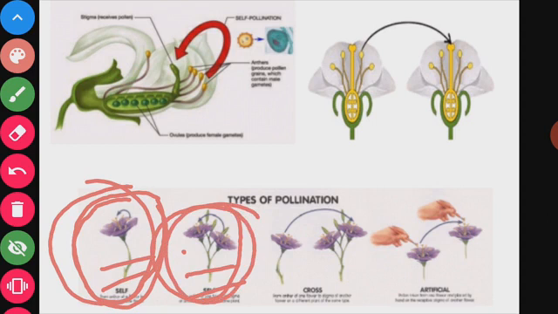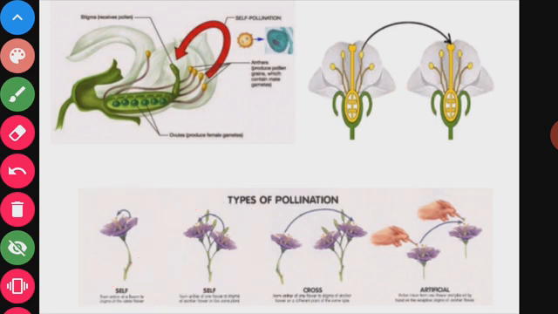What? When the pollen grains from the anther of a flower are transferred to the stigma of the same flower, or another flower of the same plant, suppose the plant is the same and flowers are different.